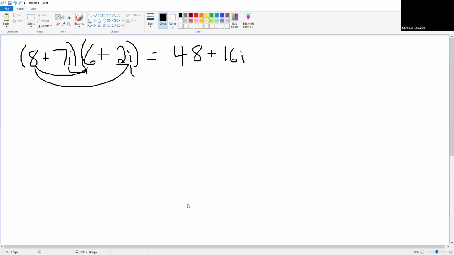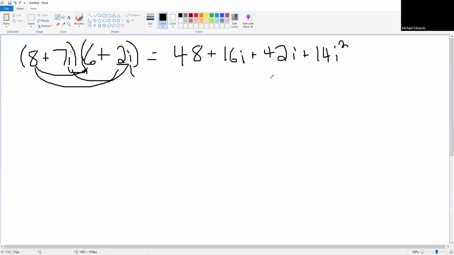And then this one would be 7 times 6, which is plus 42i. And then we do this one, which is 7 times 2, which is 14. And we have two i's, which is i squared.